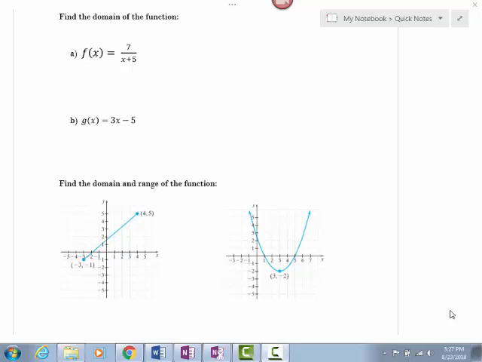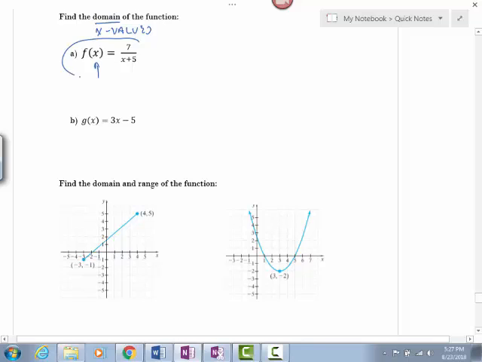Okay, continuing here with 10.6, we're going to be finding what we call the domain of the function. So if you remember from earlier, we said the domain were the x values, right? Okay, so we're trying to figure out what numbers can we plug in there. So what I want you to notice is that this particular problem here, we have a fraction. And a fraction really means that we're dividing.